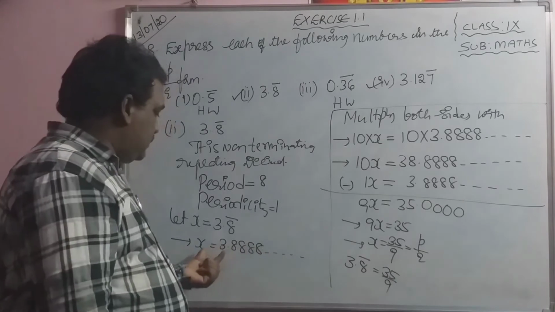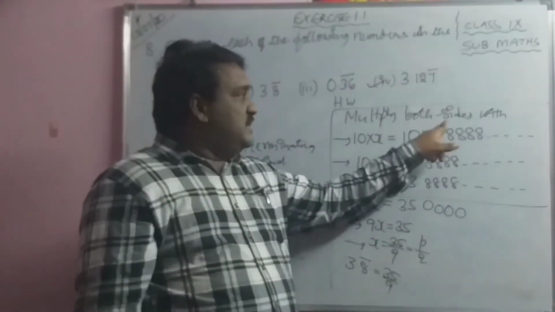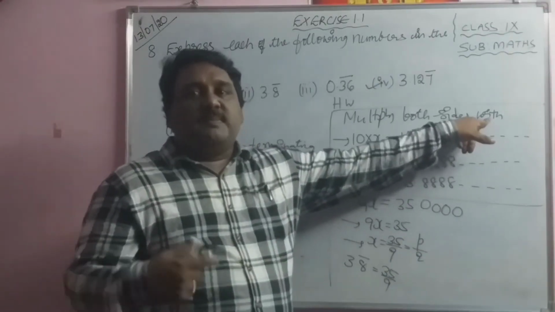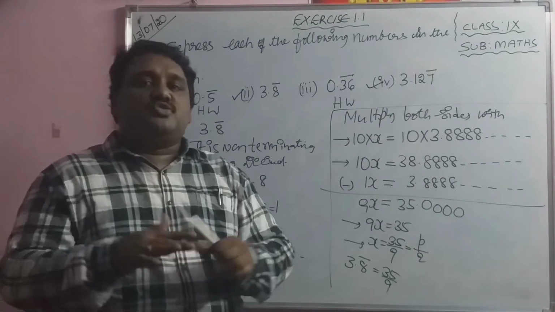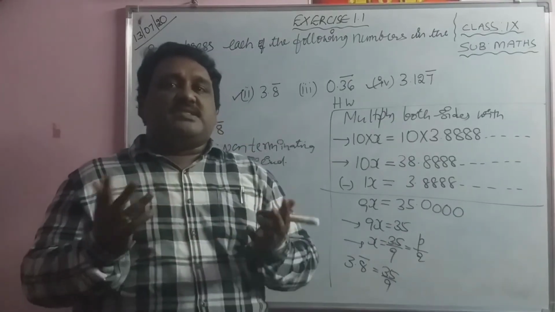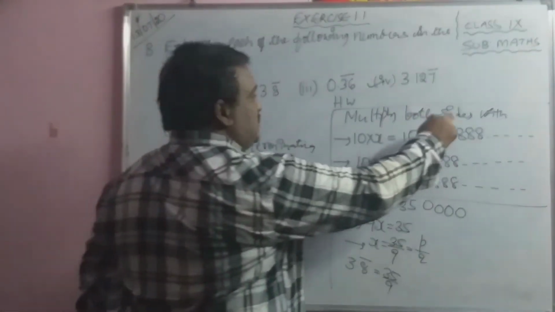We can write any number of 8s. Multiply both sides with what number? One number repeating, multiply with 10; two numbers, 100; three numbers, 1000.